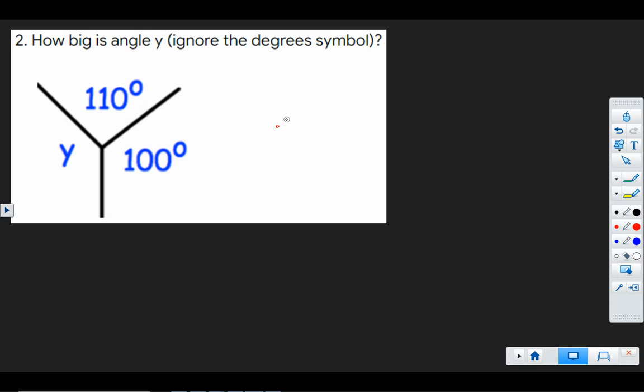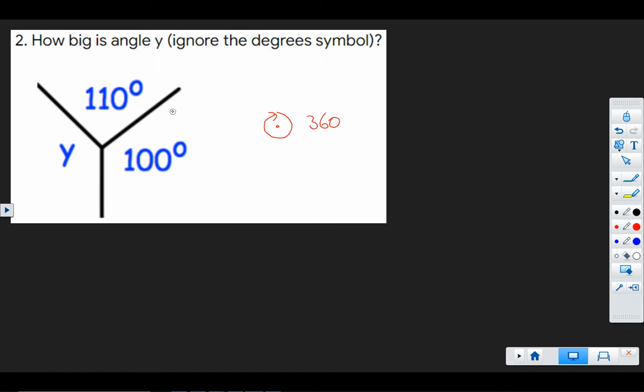Okay, well, the angle fact we need to know here is that all the angles around a point sum to 360 degrees. So if this one's 100 and this one's 110, then the missing one must make this all add up to 360.